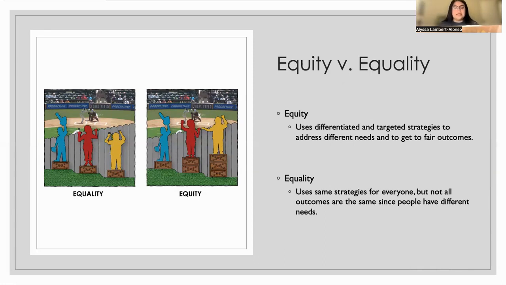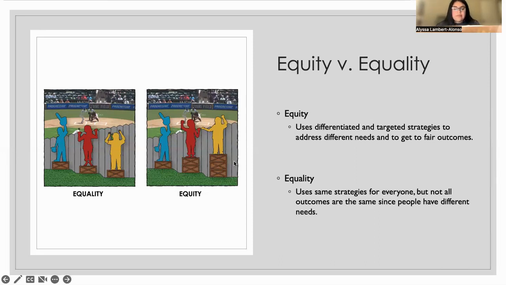So in this photo example, all of these kids are the same height if they were to stand on flat ground. But for example, this kid has 3 steps here and they are on a lower ground. This person has 2 steps, they're on a mid ground, and this person has 1 step, but they are on the highest ground. Plus there's also a slant here. So this person has most of the disadvantages out of the 3, so he needs more support in order to see the game in this picture.